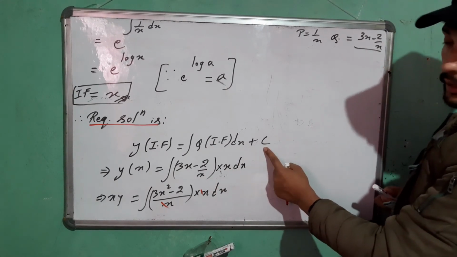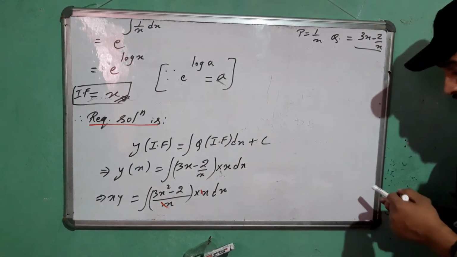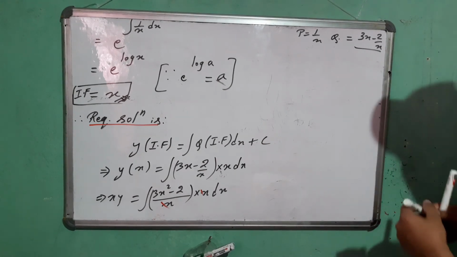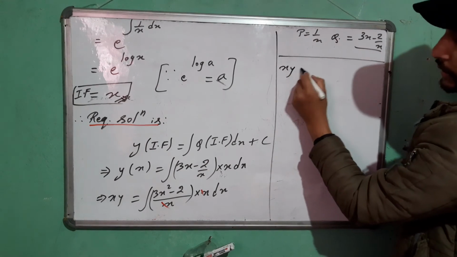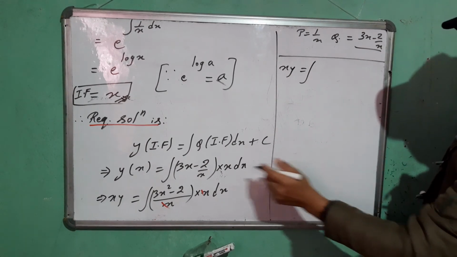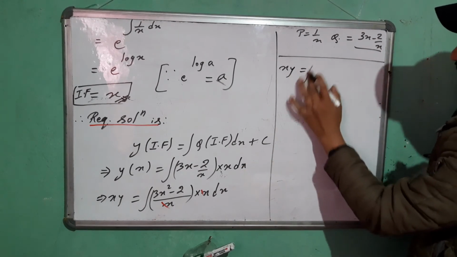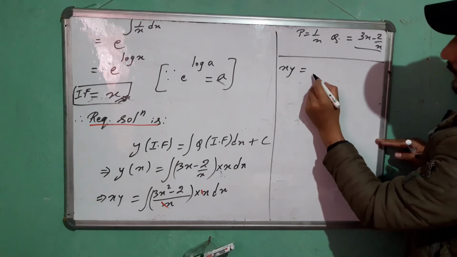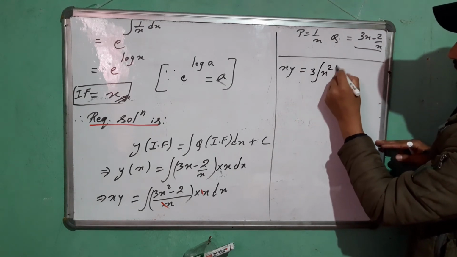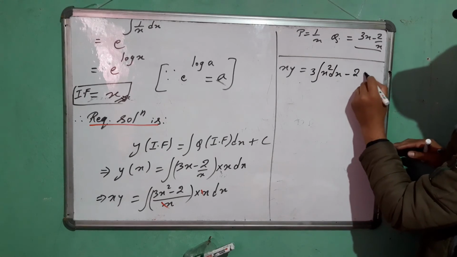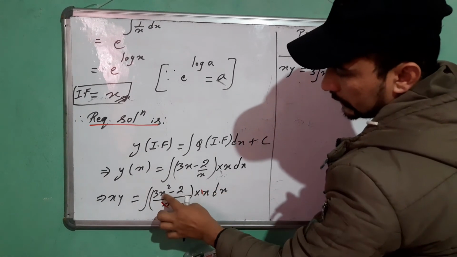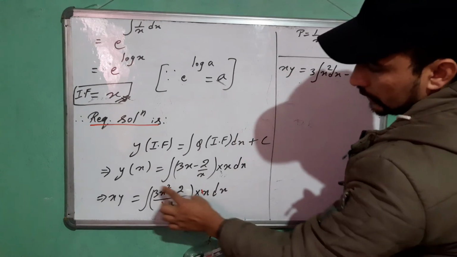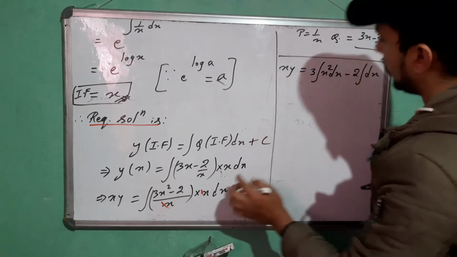This plus c I'll write at the end. So from there xy is equal to integration. If you open the bracket, 3 comes out, x squared dx, minus 2 comes out, integration dx only.